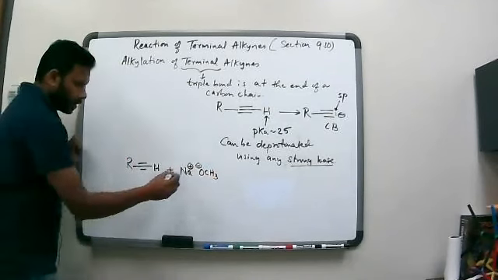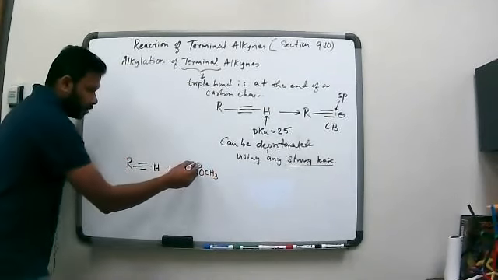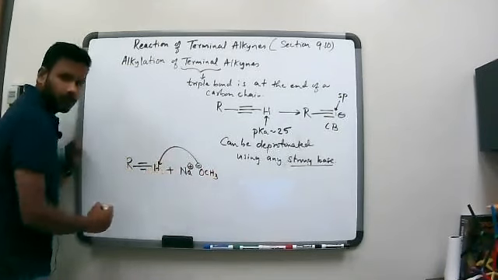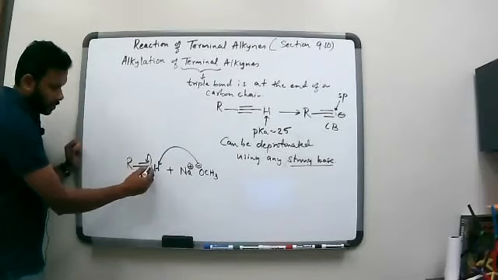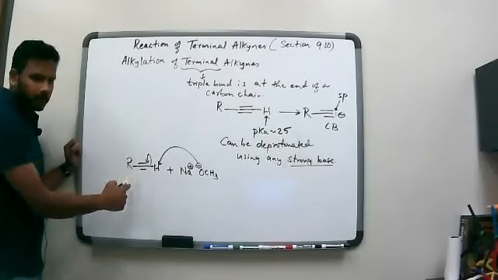Going back to chapter 3, the base is going to come and deprotonate. The electrons from that bond go to the carbon.